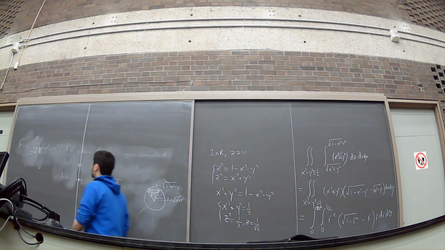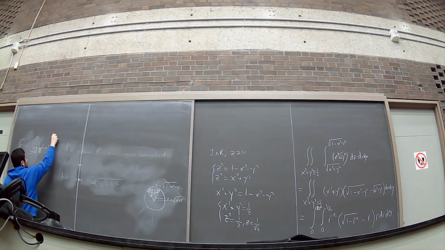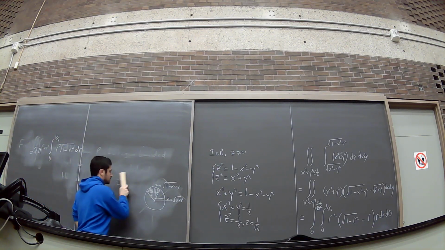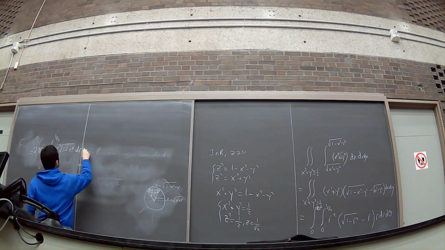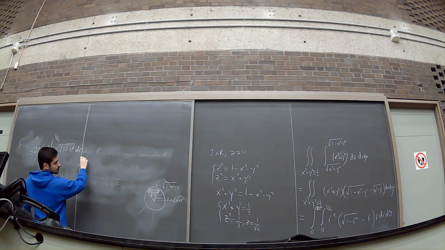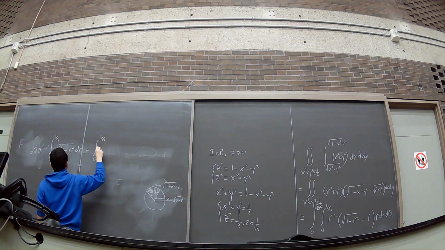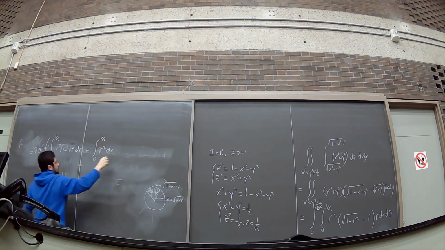And then I have to integrate from 0 to 1 over root 2, r cubed square root of 1 minus r squared dr, plus I have minus the integral from 0 to 1 over root 2 r squared dr. Are we following?